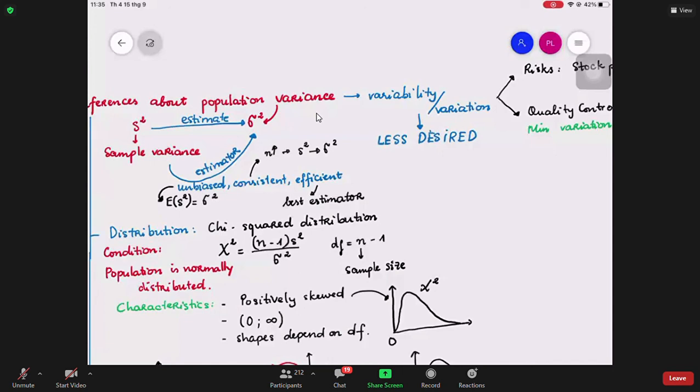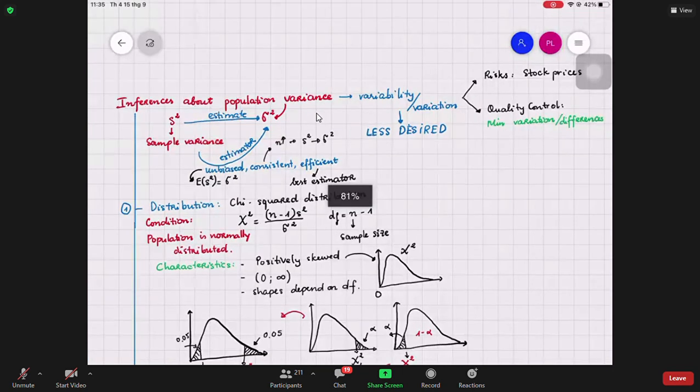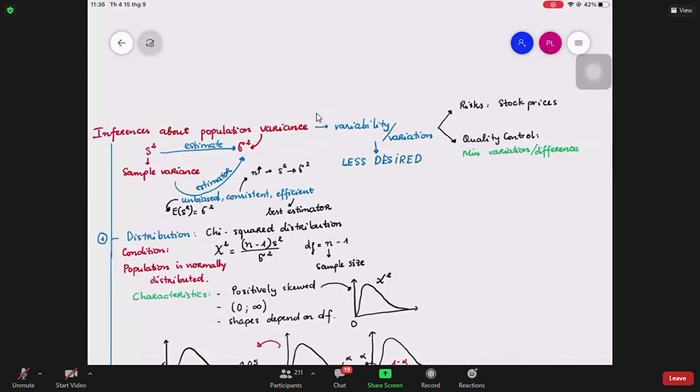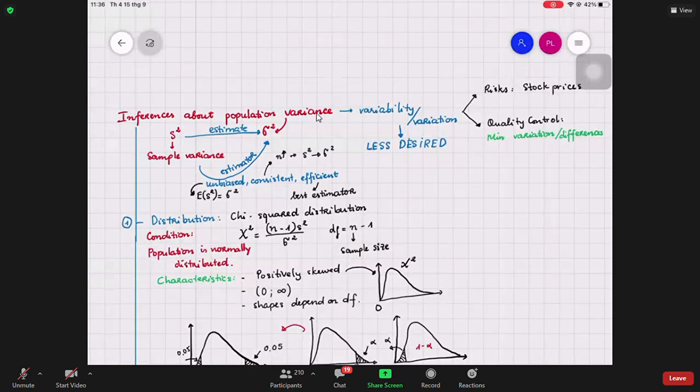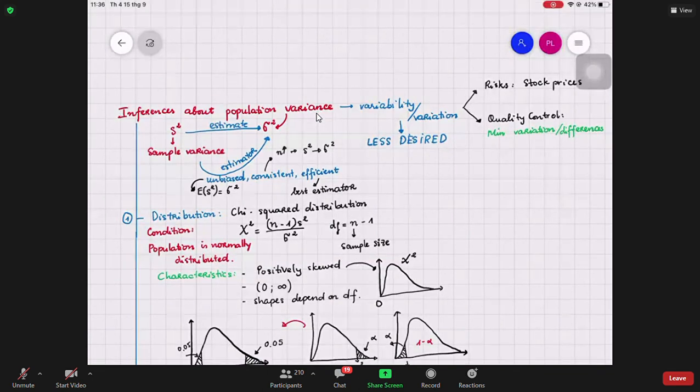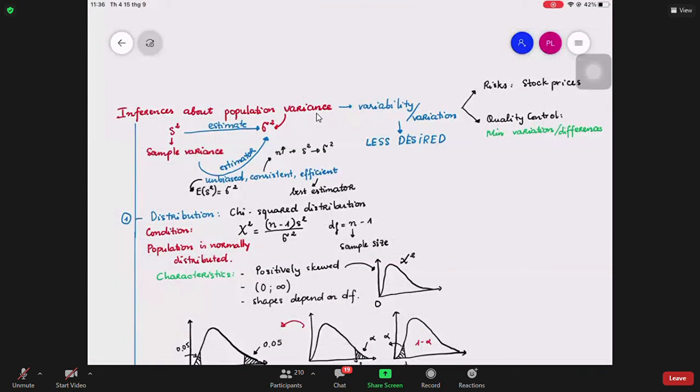Okay, so in this session we studied the inferences about the population variance, and normally we don't want variability here. So we have to test, or we have to make sure that the population variance is in the acceptable range.